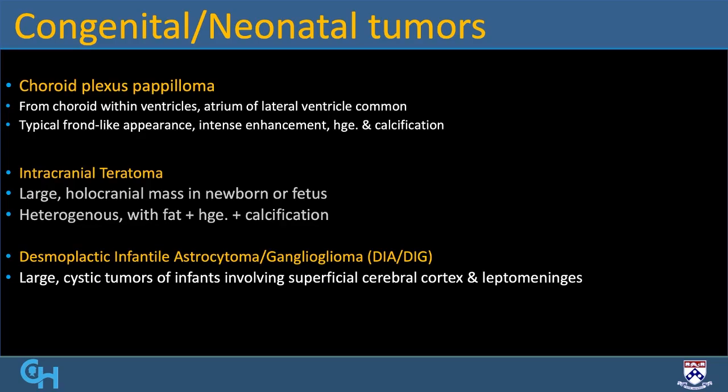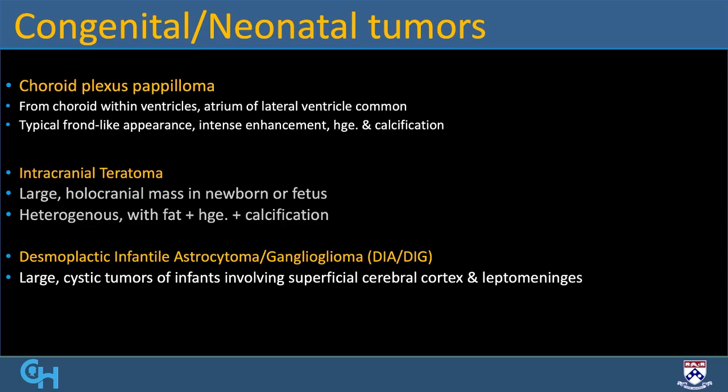A choroid plexus papilloma arises from the choroid lining the ventricles. And the most common location is the atrium of the lateral ventricles, although it can arise anywhere along the ventricular system. They have this typical villus or frond-like appearance on the surface. They show intense enhancement and can demonstrate hemorrhage and calcification within.